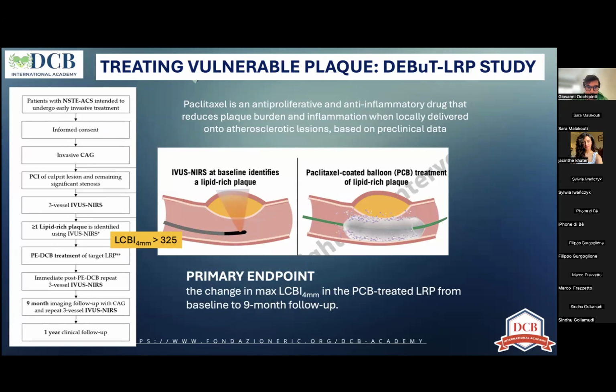Basically, patients were randomized to undergo IVUS NIRS of the three vessels, and if one of the main characteristics of a vulnerable plaque was found, those patients underwent paclitaxel-eluting drug-coated balloon treatment.